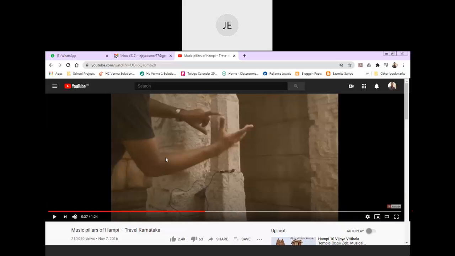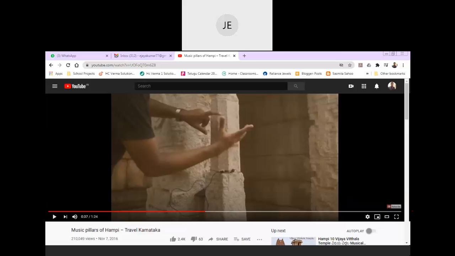The interesting thing here is that if you make a certain sound and bring some water near it, certain patterns are formed. The patterns formed in the water are printed on that particular pillar. That is the beauty, the greatness of our ancient Indian scientists.